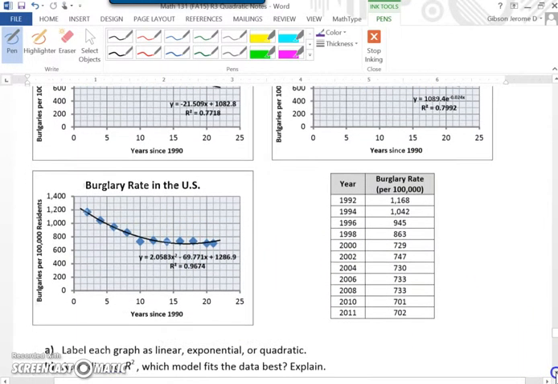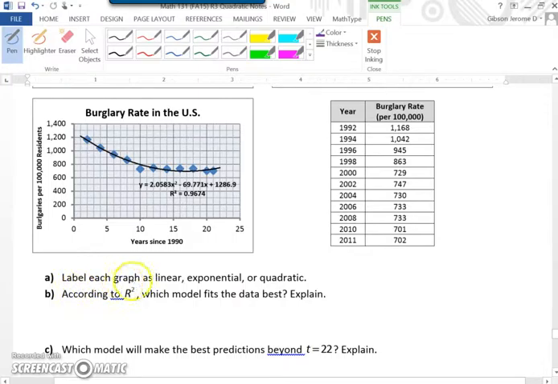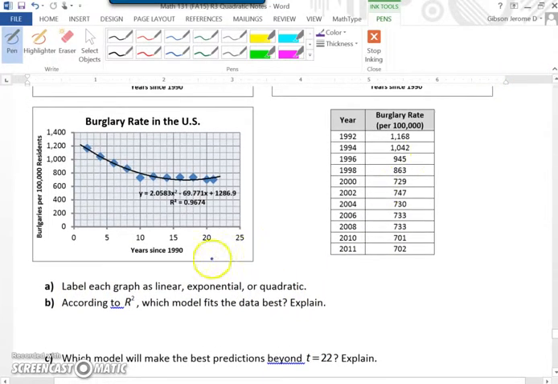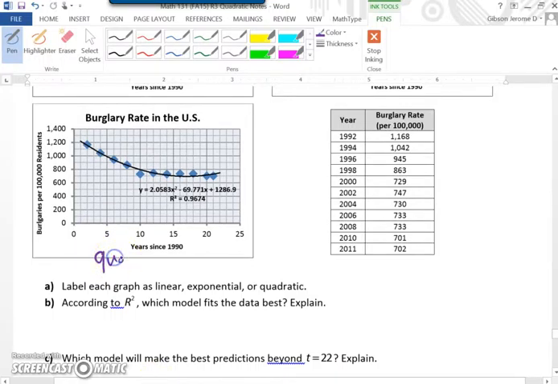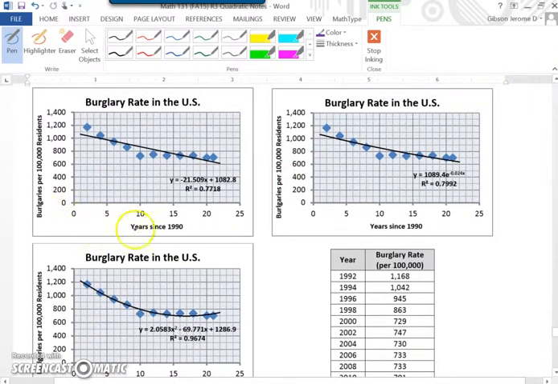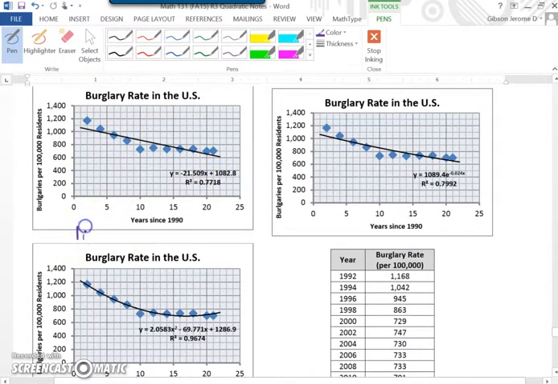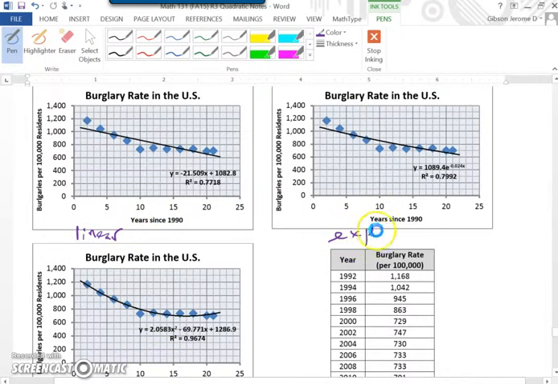So now, we scroll down here, it says label each graph as linear, exponential, or quadratic. So we know that this is quadratic, this here is linear, and this here is exponential.